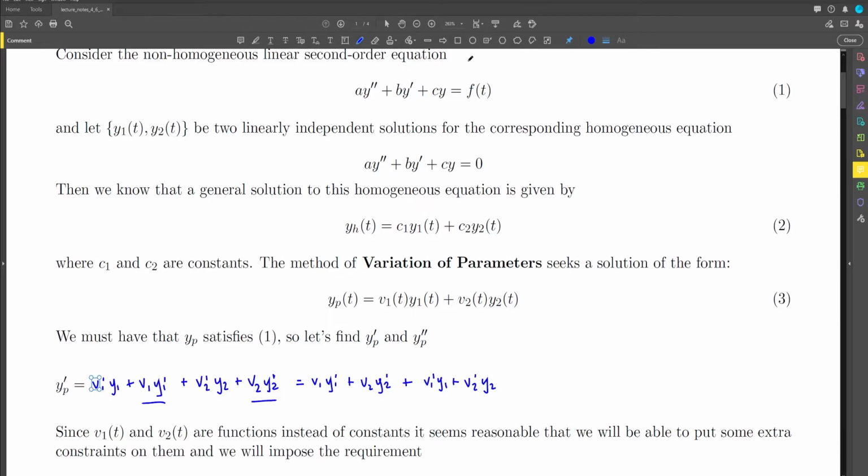So what we're going to do here is we're going to take this part here and we're going to set that equal to 0.